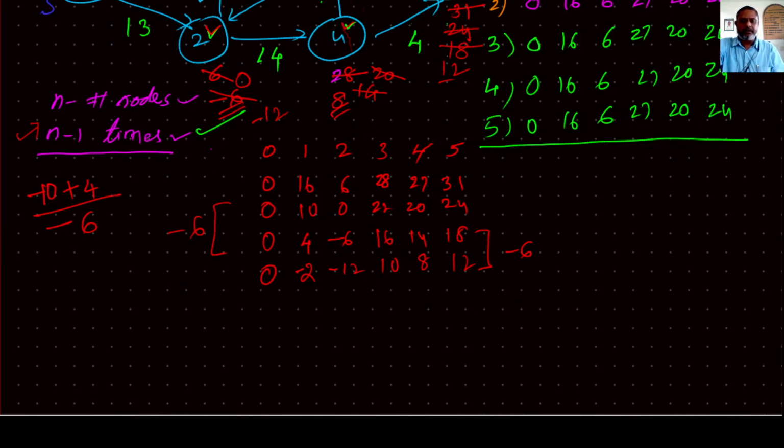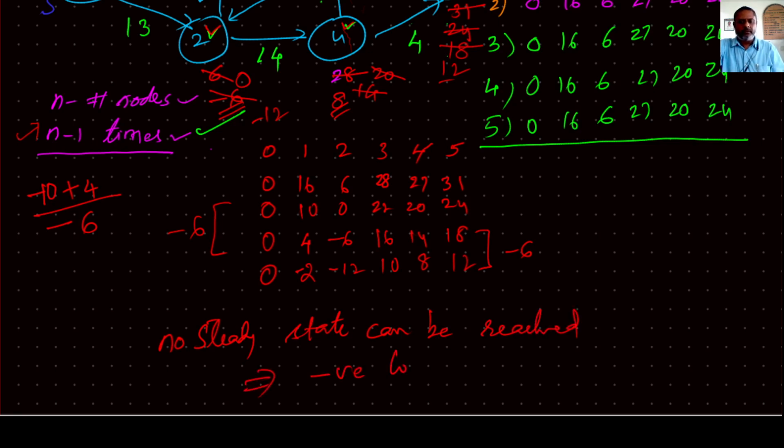It will never reach steady state. So no steady state can be reached just because a negative loop gain is there.